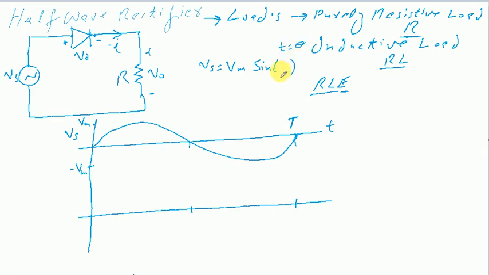A more appropriate representation is to write this as omega t. So basically this covers it in terms of its angle, that what particular angle this sinusoidal wave is currently at, so that basically helps us in doing certain analysis.